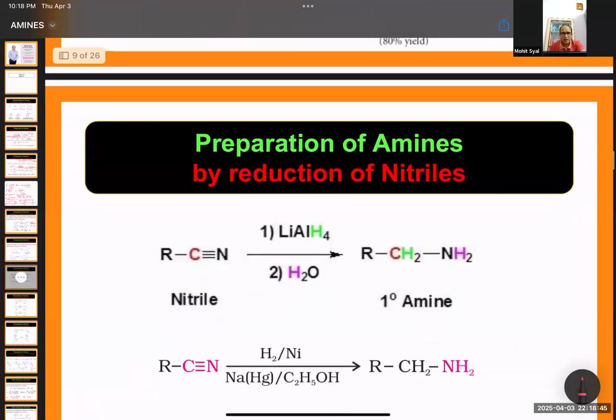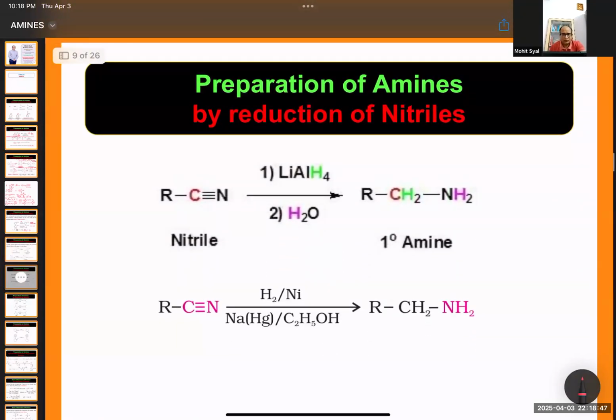Not only can you reduce the nitro compound, you can also reduce the amides and nitriles. There are so many other functional groups which contain carbon-nitrogen multiple bond or carbon-oxygen multiple bond. They can be reduced. Okay.